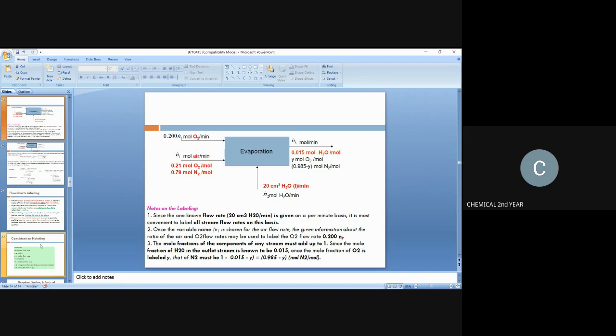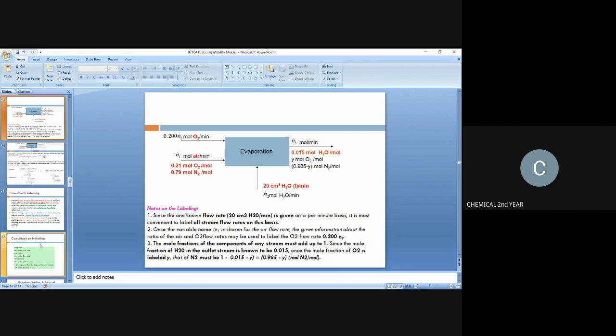The flowchart that contains the evaporator output is: 0.2 N1 mole O2 per minute and N1 mole per minute of air, 0.21 mole of oxygen per mole and 0.79 mole of nitrogen per mole, and the output is N3 mole per minute, with 0.015 mole water per mole and y mole oxygen per mole, and 0.985 minus y mole nitrogen per mole.